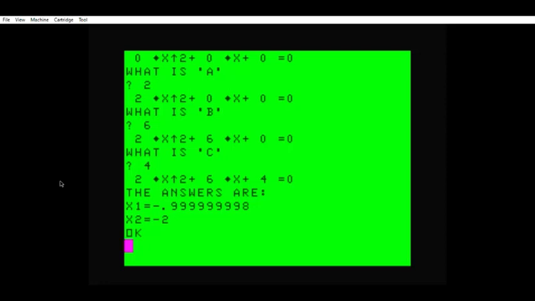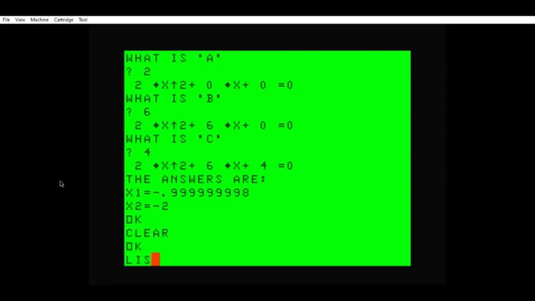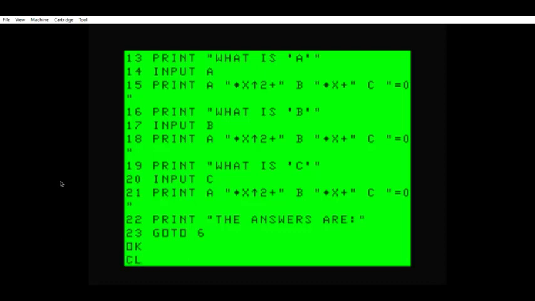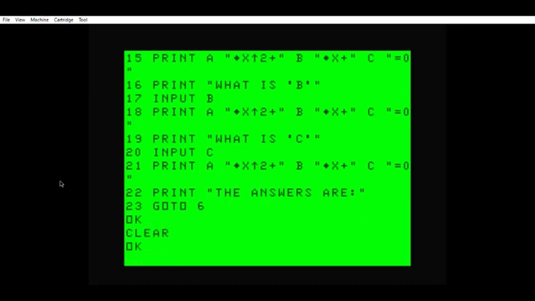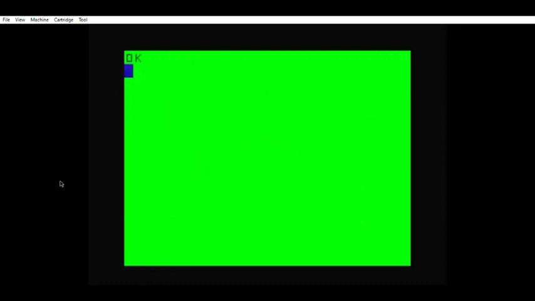Now, if I clear the memory, and clear the screen, and I say x equals, no, that won't work.